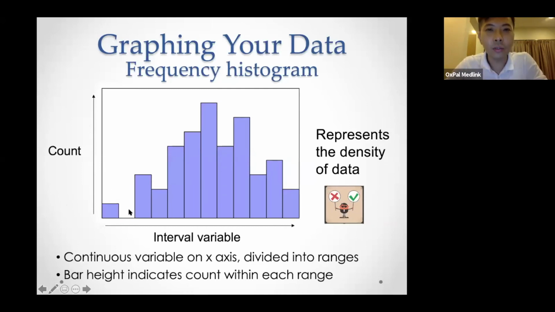Frequency histogram sometimes is a smooth curve, instead of one based on regular bars over here. But when we say histogram, usually we look at the bars. So one thing I wanted to say is the question on whether it represents the density of the data.